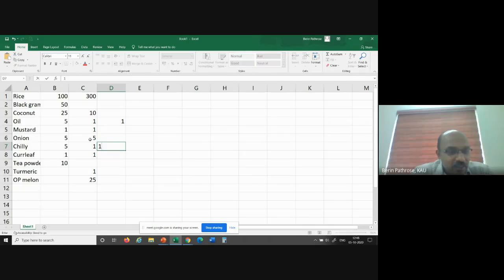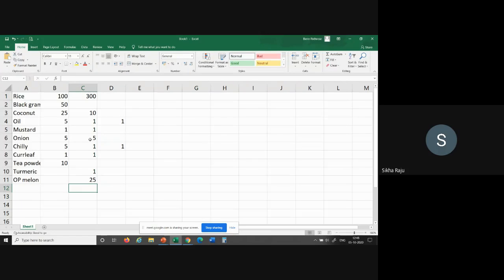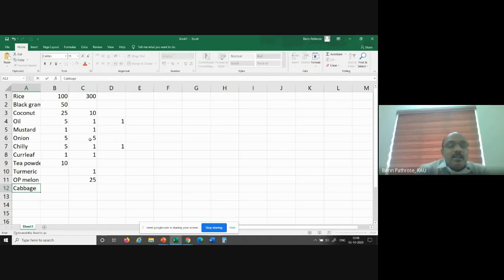Okay. Then any other thing? Cabbage. Mixed thoran. Okay, I will add cabbage. It will be something like 50 gram. Again oil, mustard 1, chili 1. I'm roughly calculating.